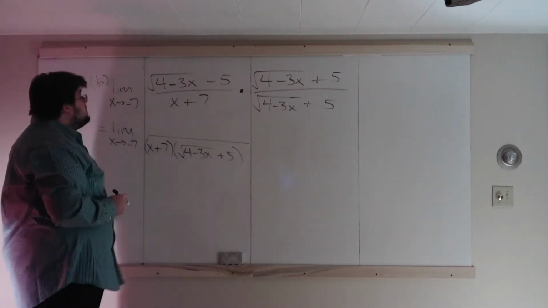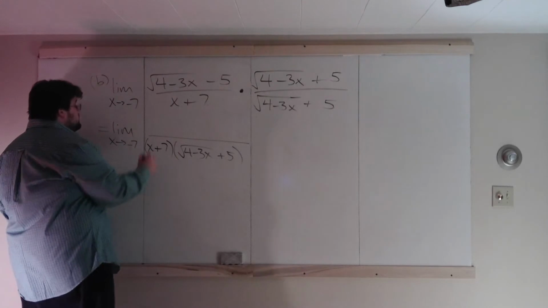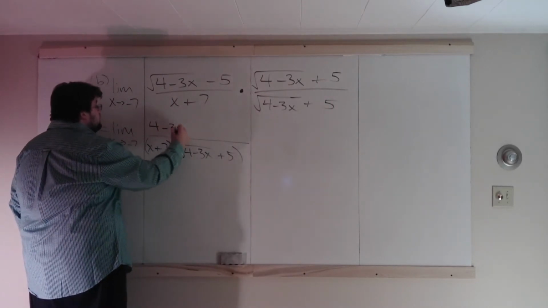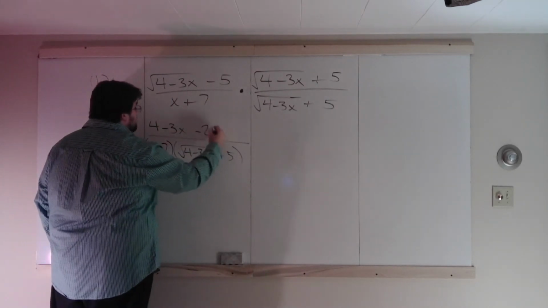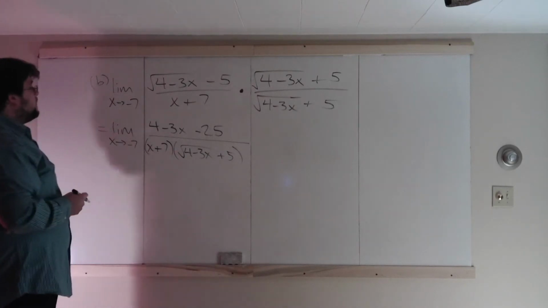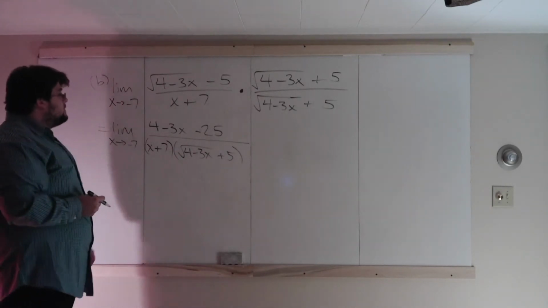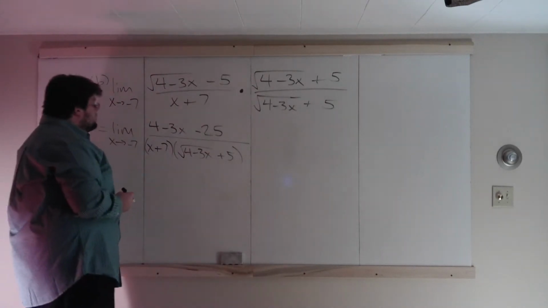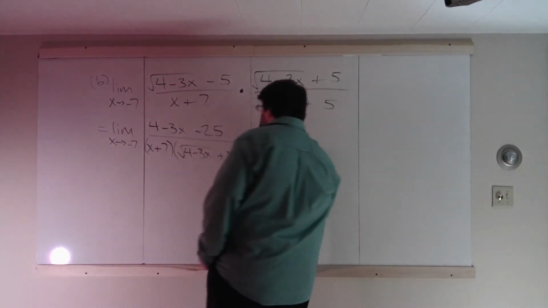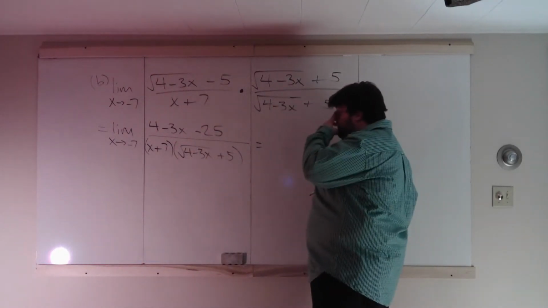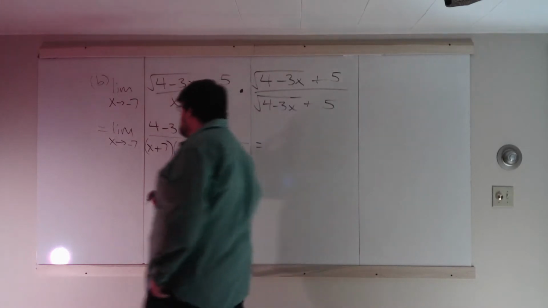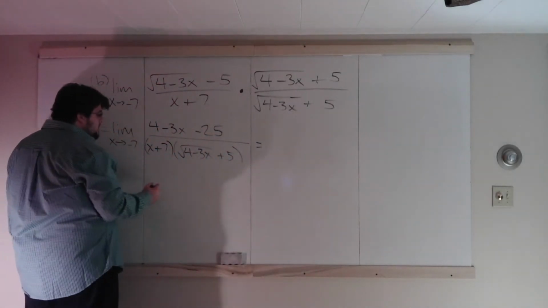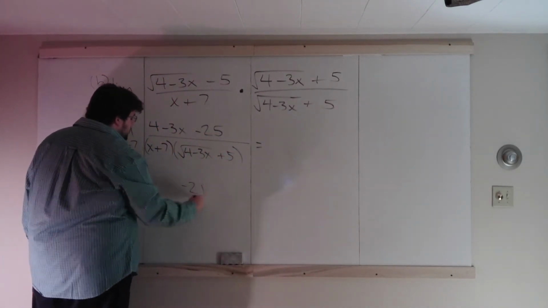The numerator, well, we have the difference of squares, so it's the first thing squared minus the second thing squared. The first thing squared, square root and square cancel. Second thing squared, 25, and we subtract. Now what can we do with this? Well, notice this numerator, the 4 and the negative 25 make a negative 21.